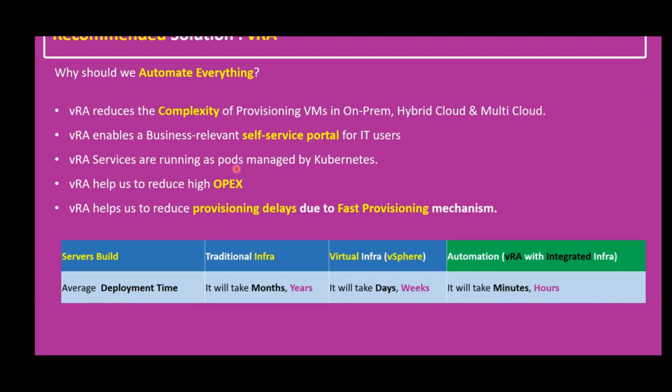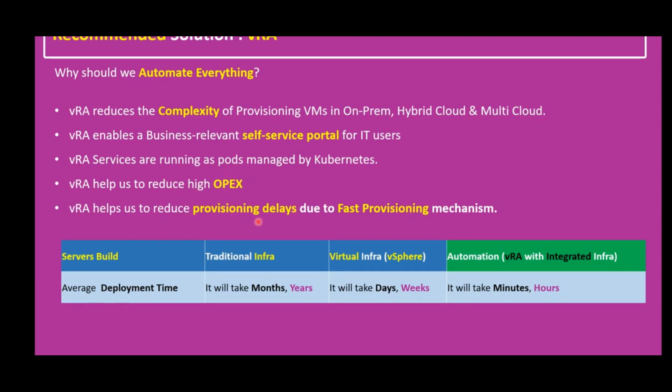No need to spend long hours on troubleshooting. And VRA helps us reduce the high operational expenditure. If you do not have VRA, we need to invest in manpower and in all the business processes. But if you have VRA, all the operational expenditure cost will be reduced. And VRA helps us reduce provisioning delay.